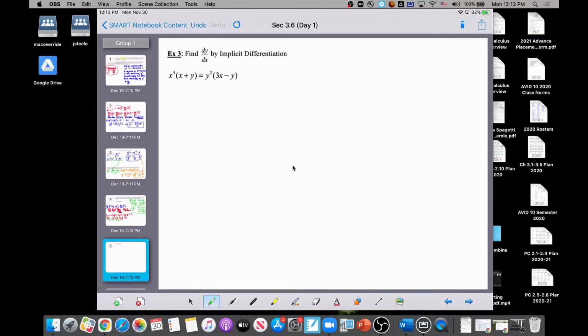Continuing on, example 3 is more practice of the same. So begin by showing what we are doing. We are doing dy dx of the left side, x to the fourth times x plus y, and dy dx of the right-hand side, y squared times 3x minus y.